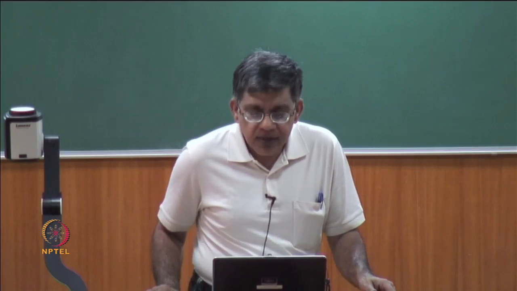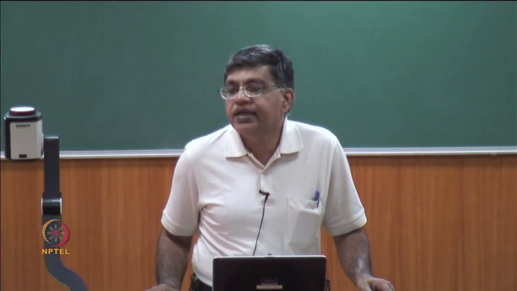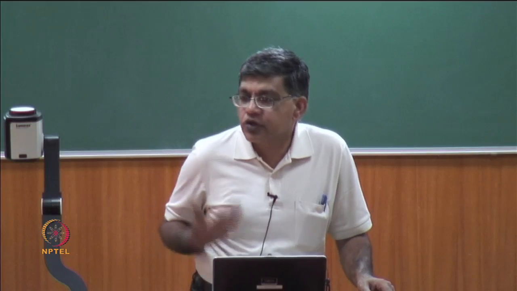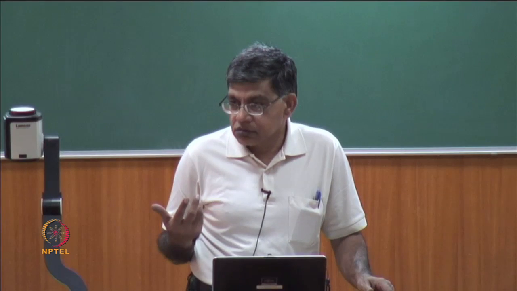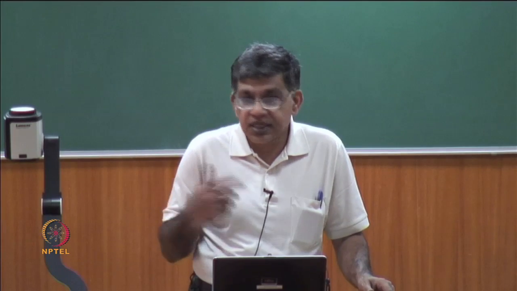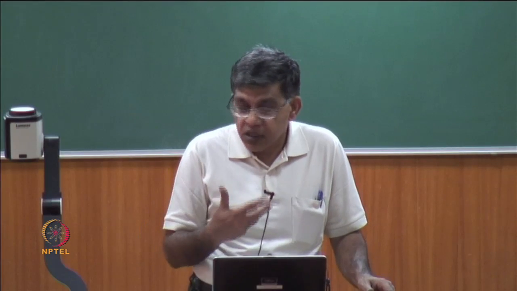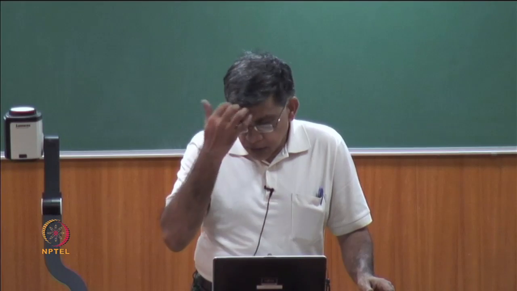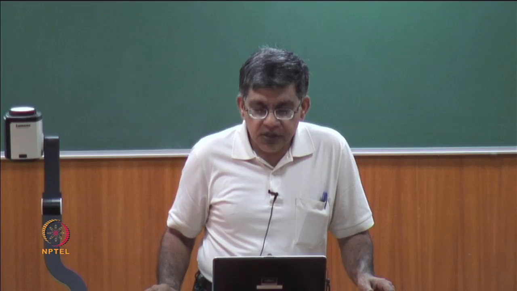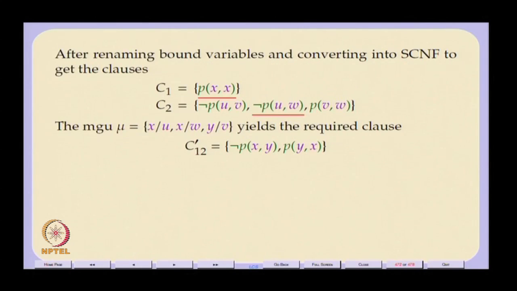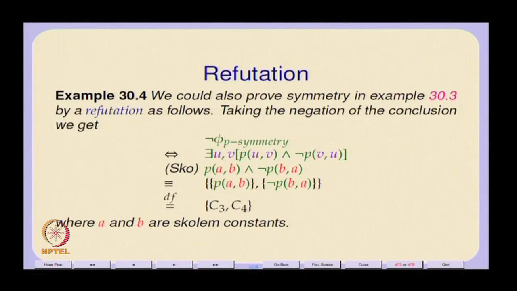But then there is this question of, whatever most general unifier you get, is it guaranteed that your refutation procedure will always work? By the way, logical consequence is a slightly non-deterministic process. Refutation is more deterministic. So, your most general unification and refutation together give you a more deterministic way of approaching the problem of proof. Yeah.